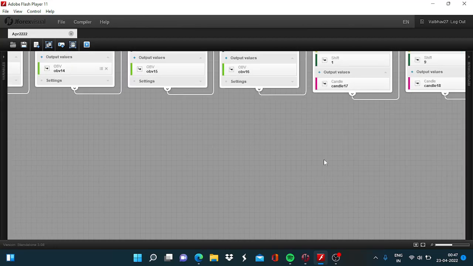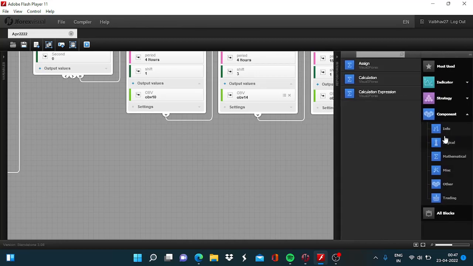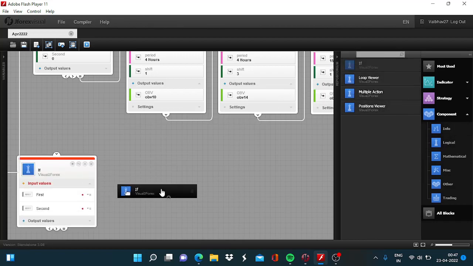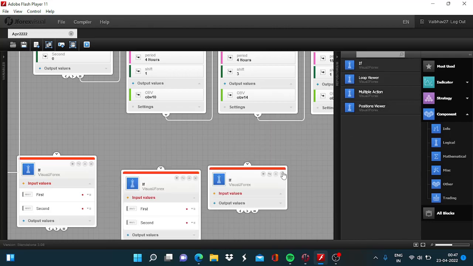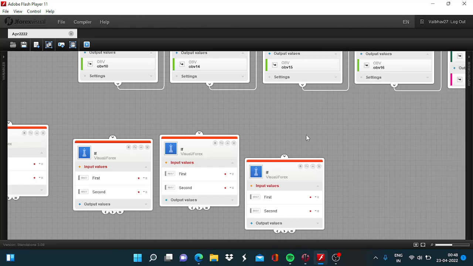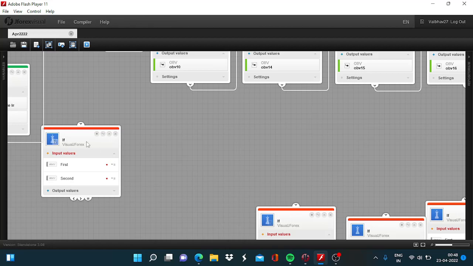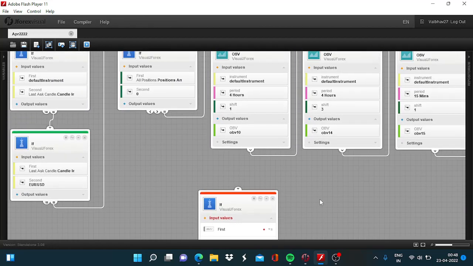Now we start adding the conditions for the execution of the trade, and for that we are going to need logical components. So I add these if blocks, when I am not sure at the moment how many of these we are going to need. So let's take 4 of these and we will add more as the need arises.